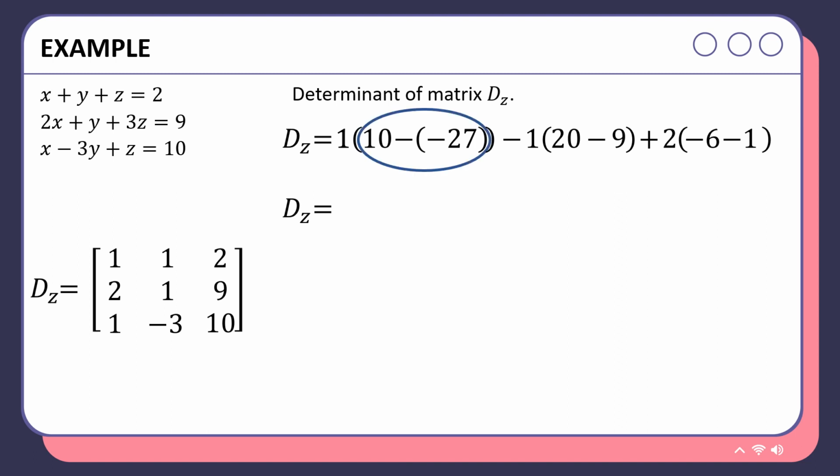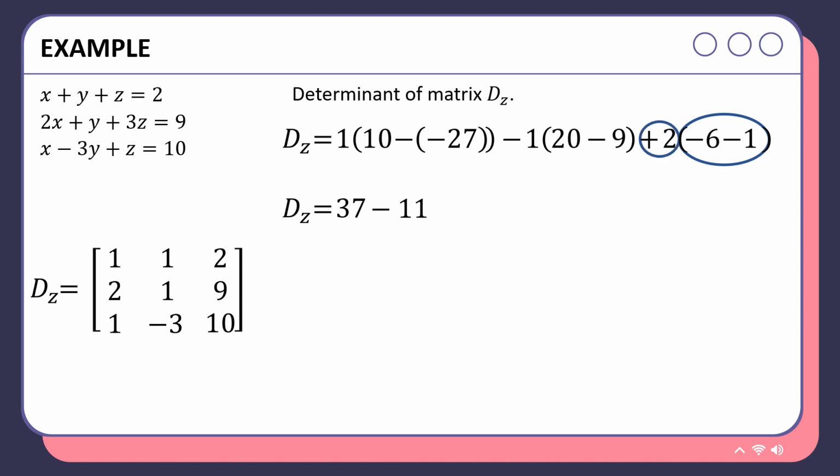10 minus negative 27 is equal to positive 37. Positive 37 times 1 is equal to positive 37. 20 minus 9 is equal to 11. 11 times negative 1 is equal to negative 11. Negative 6 minus 1 is equal to negative 7.